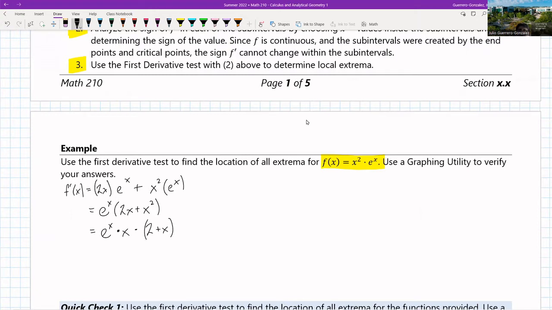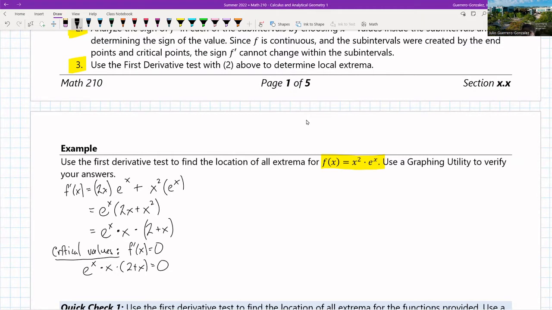So critical values, right? Is when f prime of x is equal to 0, right? So then therefore, that means e to the x times x times 2 plus x must equal 0. This tells us, right, e to the x can never be equal to 0.